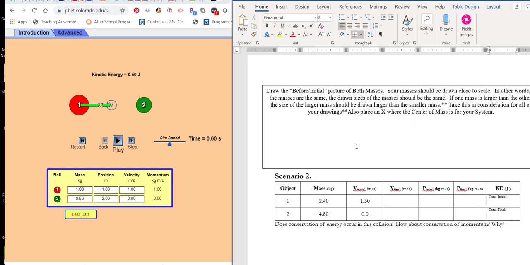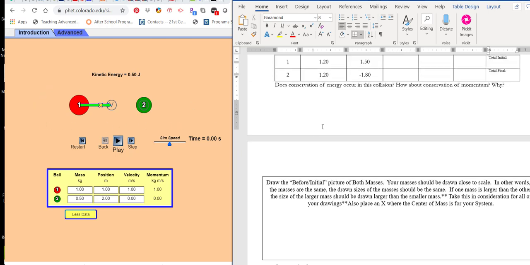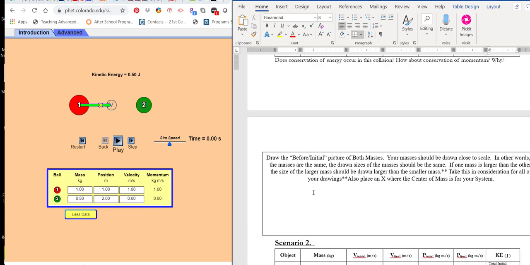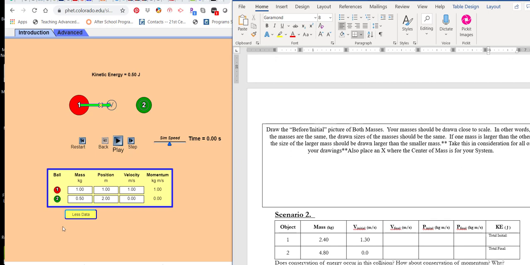All right, so we're just about done. Just wanted to make sure you're clear about what to do. So just in this box, I'm asking you to draw this initial picture for the first scenario. Both of these for scenario 1 have the same mass. What was it? 1.2.